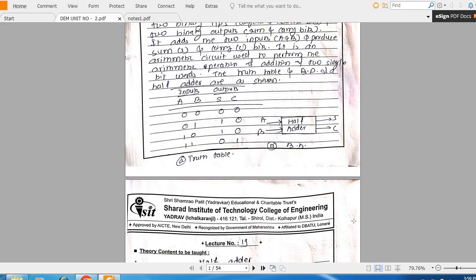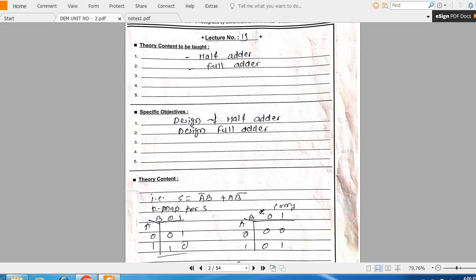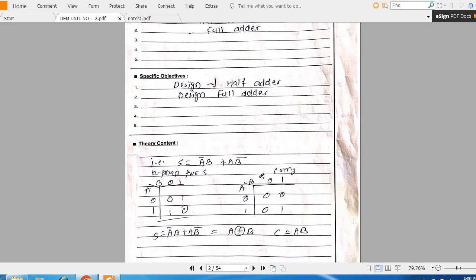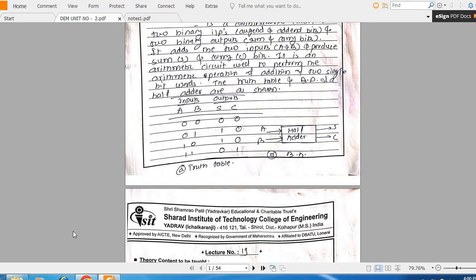Now based on that, we'll derive the equations for the half adder. From the above truth table, sum is 1 for A is 0 and B is 1, and sum is 1 for A is 1 and B is 0, which means I get the equation for sum as A bar B plus AB bar.